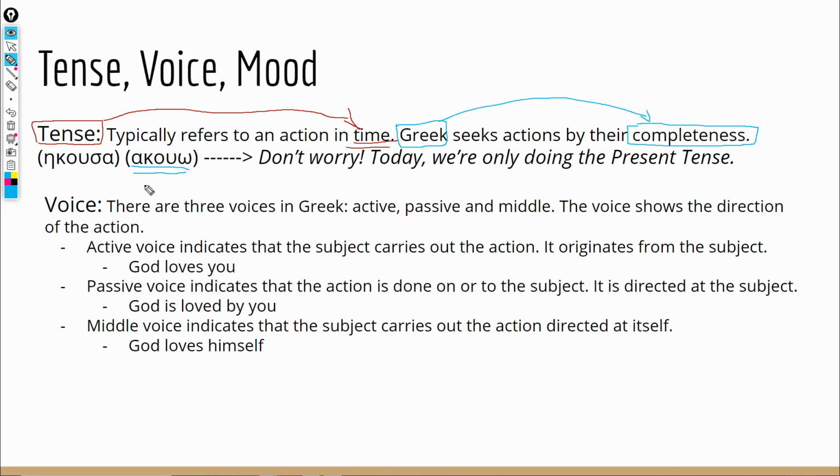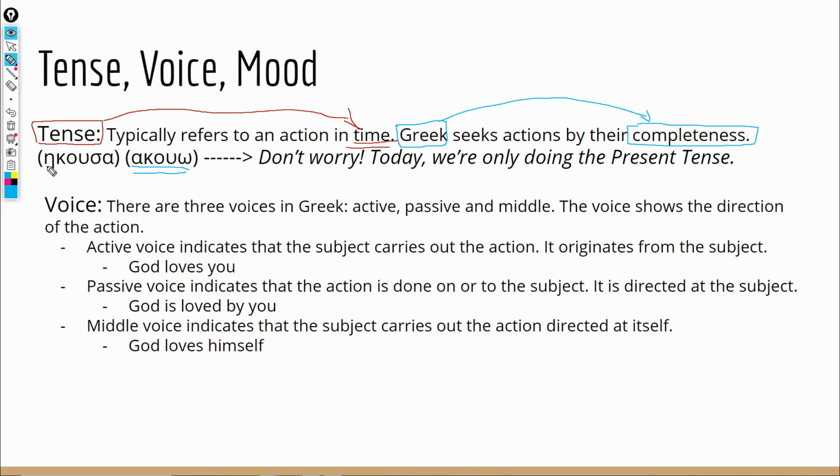But the way in Greek, what you need to understand is not that it's happening in the present time, but that this is an ongoing process. You are in the process of hearing. Okay? So when I say Greek sees actions by their completeness, that's what I mean. So it would view akuo, I am hearing, as an action that is not complete. It is currently going on.